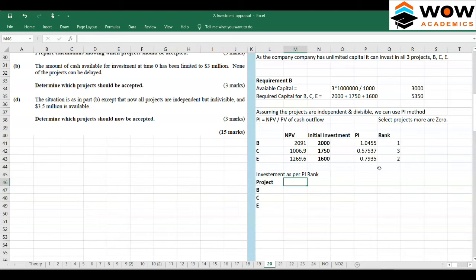That's the question. So the ranks are going to be like this. Totally we have 3000 as funding, right? So we can put it like this: 1, 2 and 3.